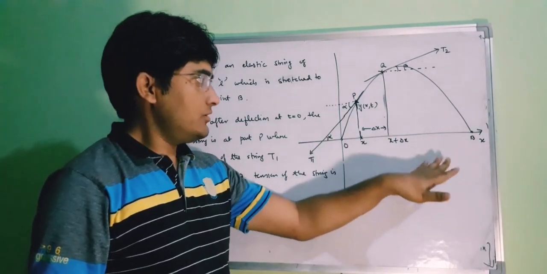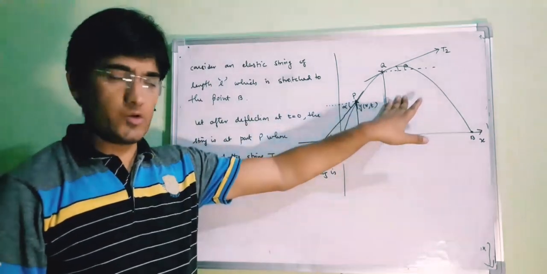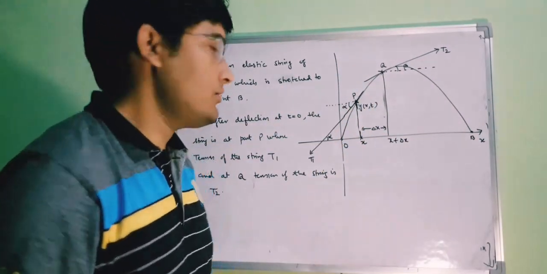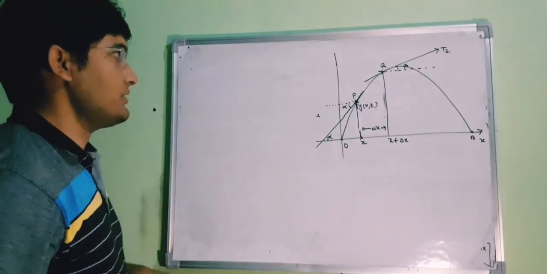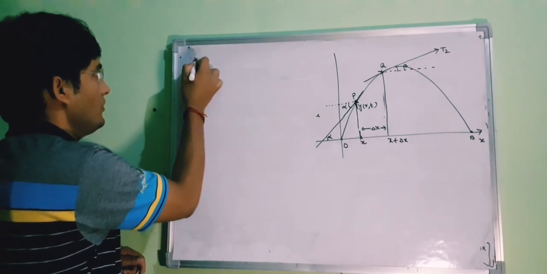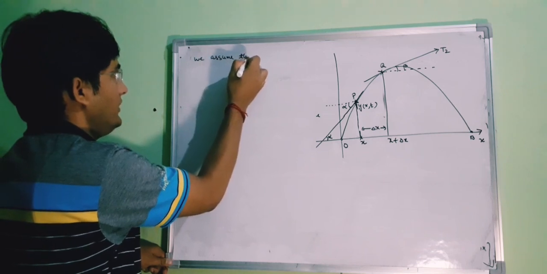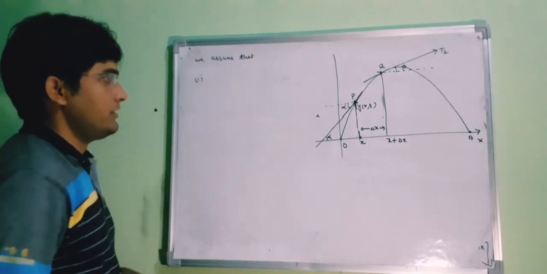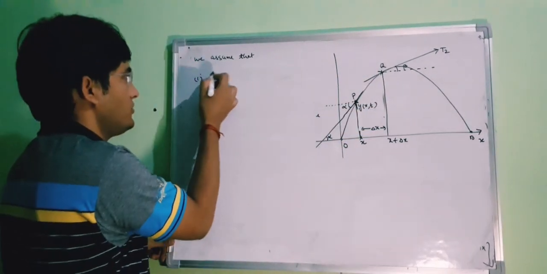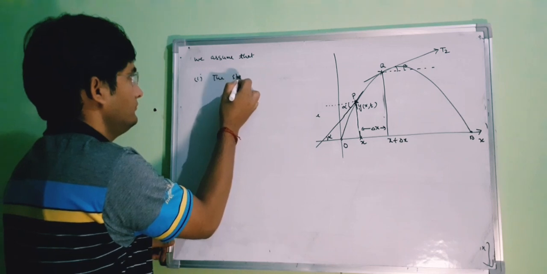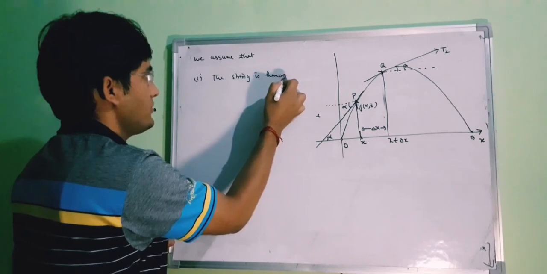Now to derive this one-dimensional wave equation, let us have the following assumptions. The first assumption is that the string is homogeneous.